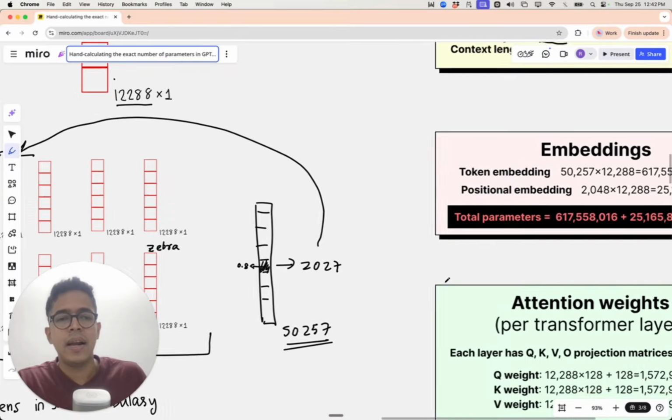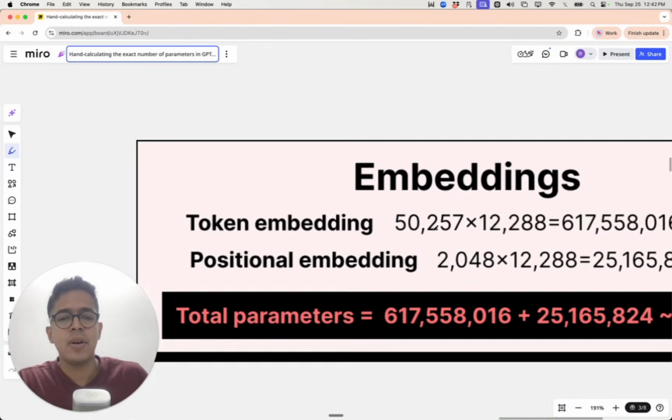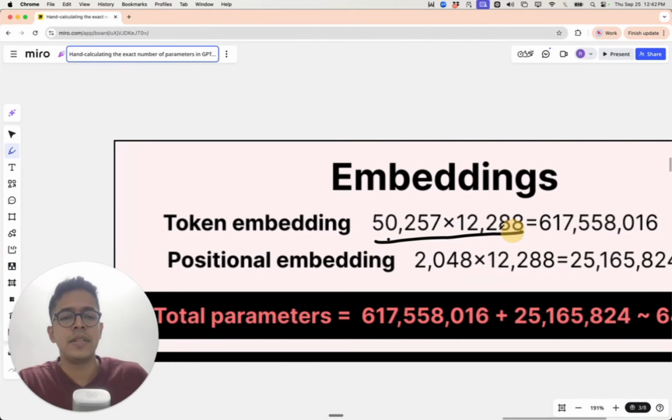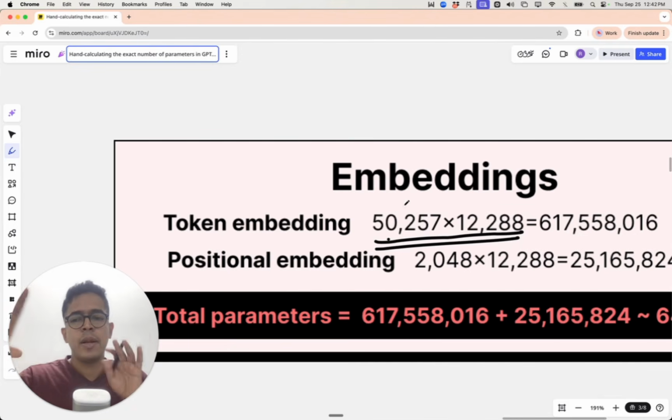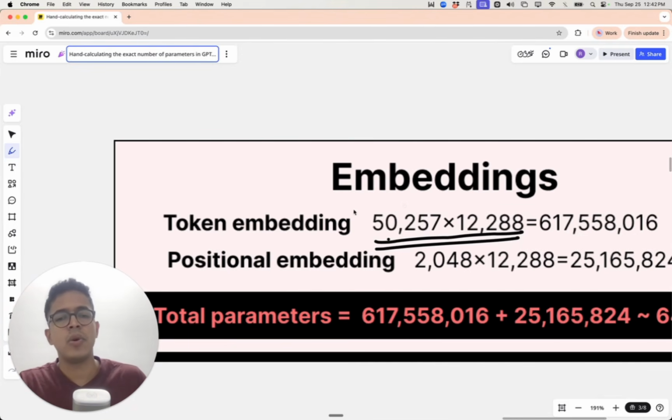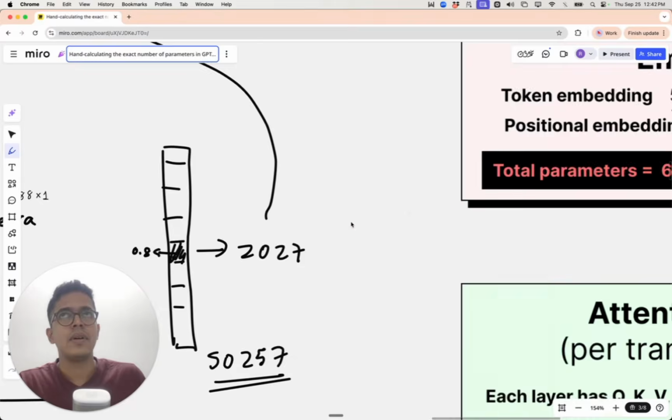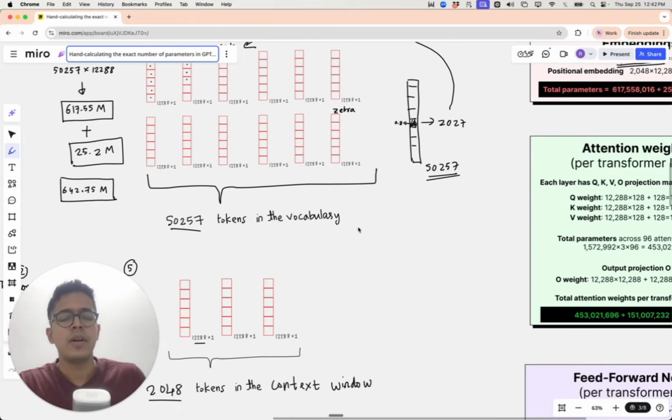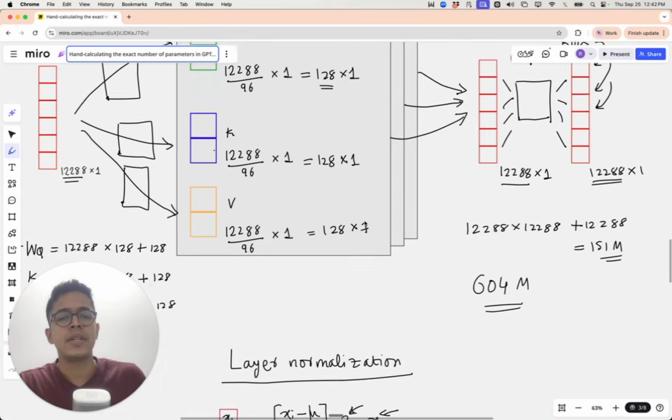So if you remember, you had already a bunch of parameters which took care of the vocabulary part and the individual token part. So what is done in GPT-3 is these same weights are used. You don't create new trainable weights at the output. Instead, you use the same thing which you used at the embedding.